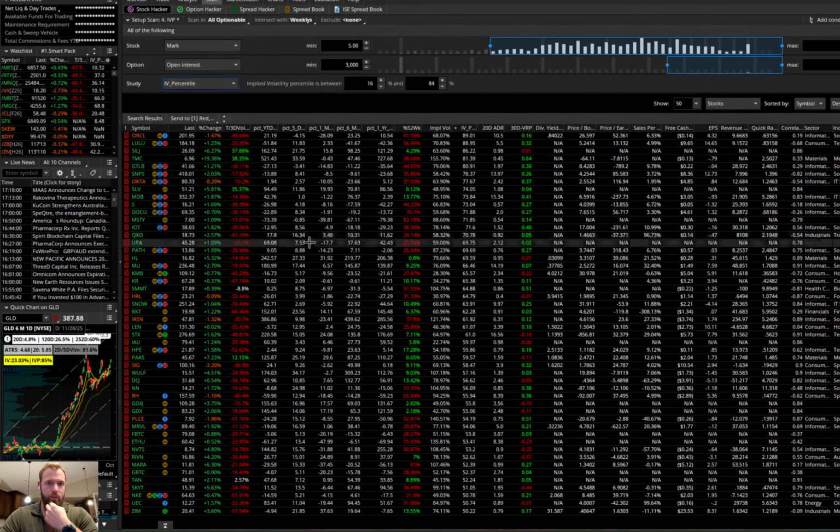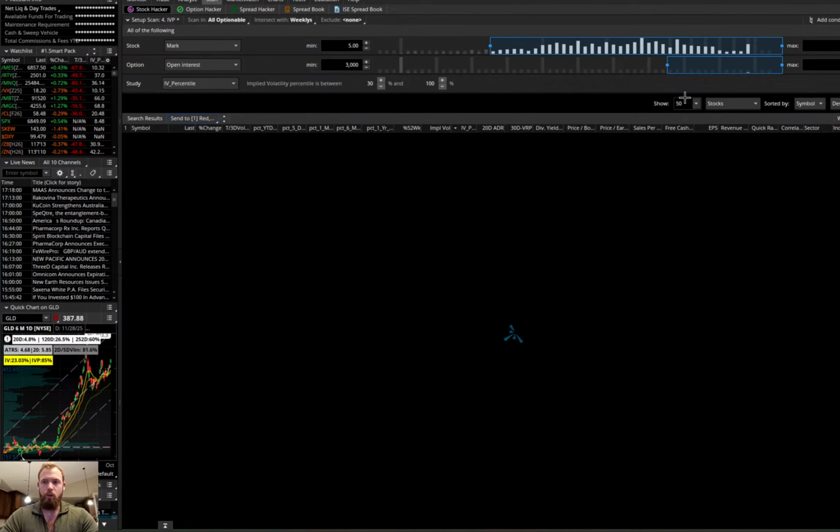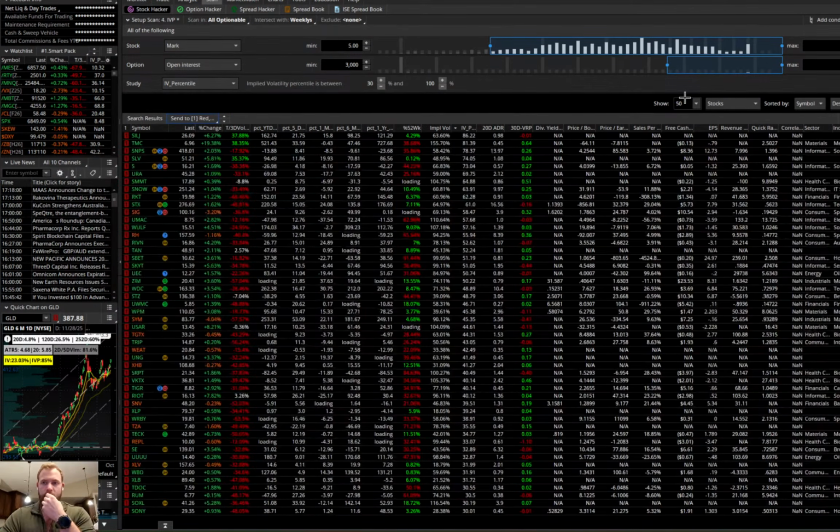So for example, if we grab IV percentile and we want stuff that's at least 30% IVP up to 100, and we run this scan for it, you're going to get a bit of a mixed bag. And the reason why is because a lot of these things will have a different implied volatility percentile versus IV rank.